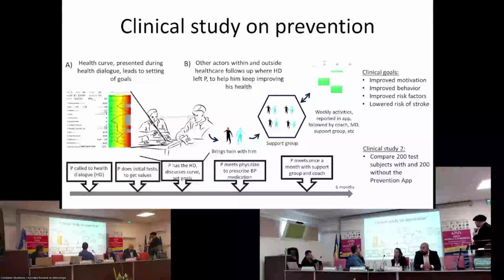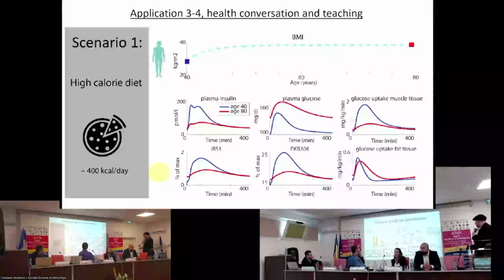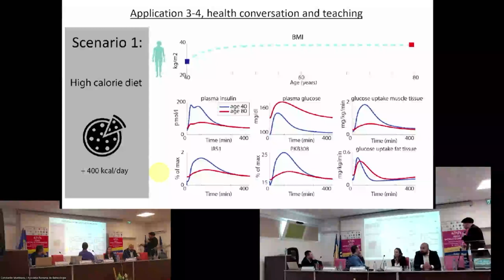And we'll test this on 200 patients that do this whole process, and we'll compare it with 200 controls. So we can simulate these different scenarios. What happens if you eat a little bit more, 400 kilocalories more than you do now? Your weight will go up, and you will probably have developed diabetes, so your insulin levels will be lower 40 years later, and glucose levels will be higher.